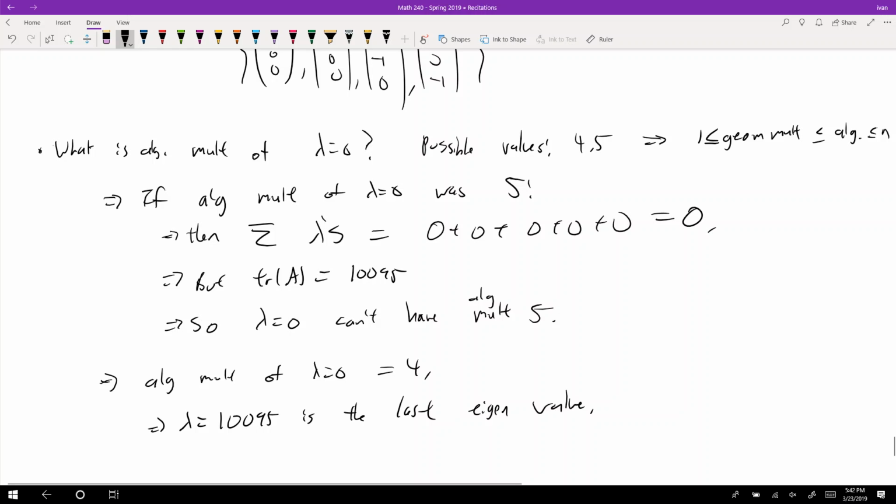Yeah, because algebraic multiplicity equals geometric multiplicity for every unique lambda that we have. All right. Okay, any questions?